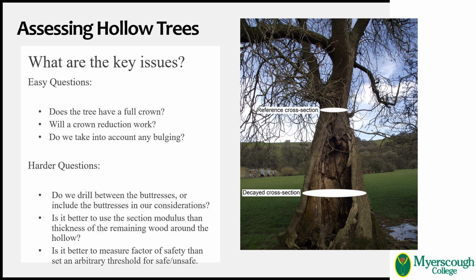Instead, it's better to calculate or estimate the factor of safety of that component part, which allows for much more graduated steps between unacceptable to keep in its current condition and acceptable to keep without any intervention at this point.